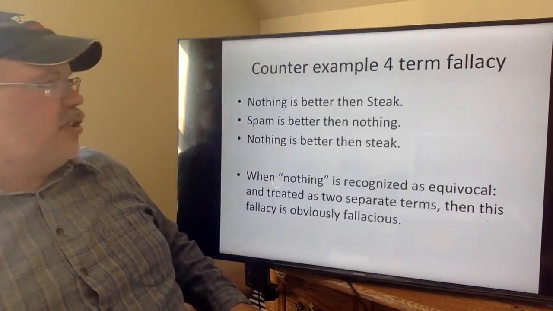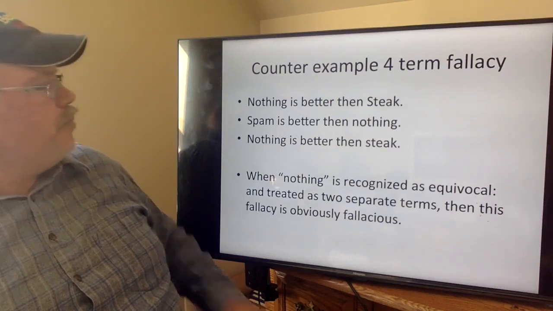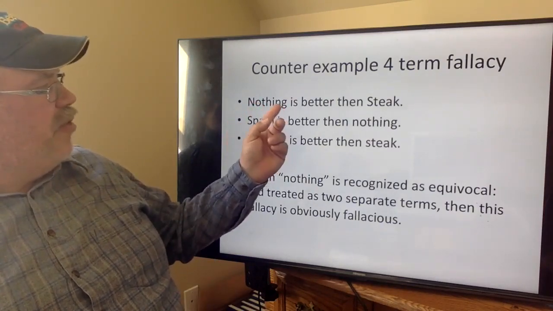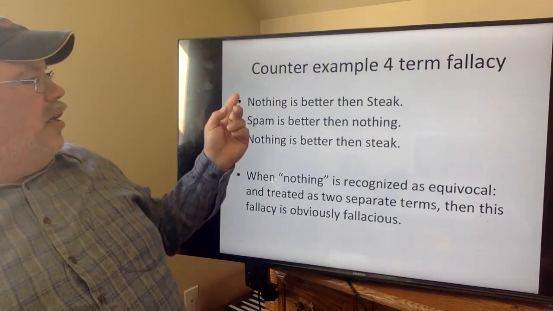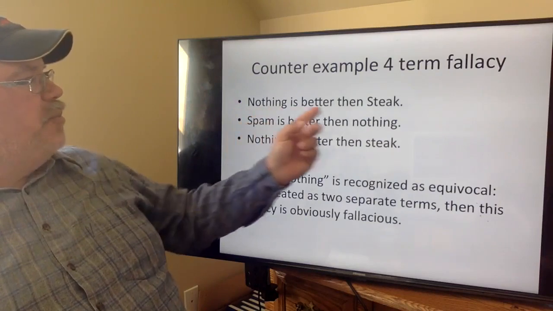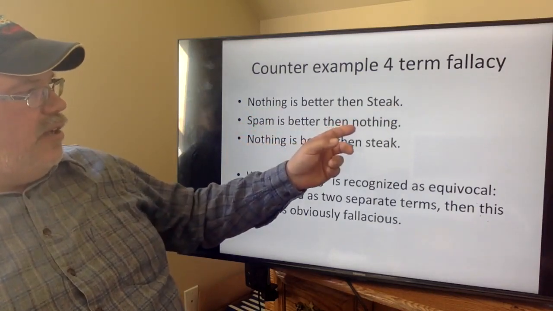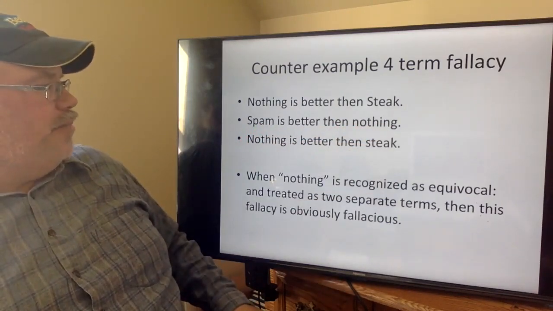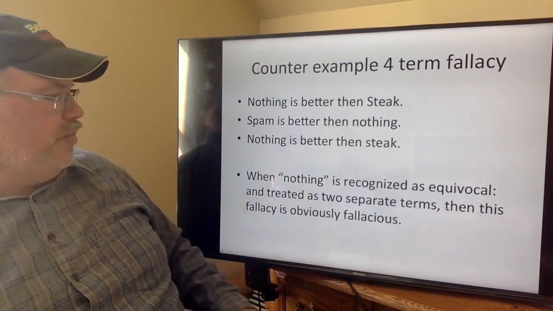We, in fact, saw this when we did the counterexample on equivocation. Once we realized that nothing means something different here than here, so here we're talking about no food is better than steak, and here we mean spam is better than going without. Then we realize actually what we got there is 4 terms.